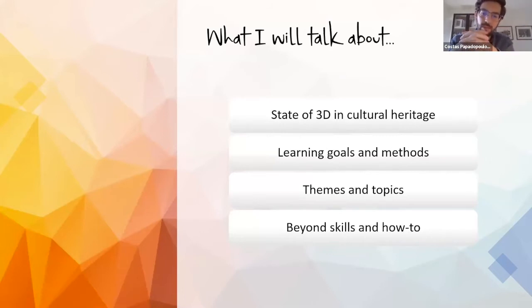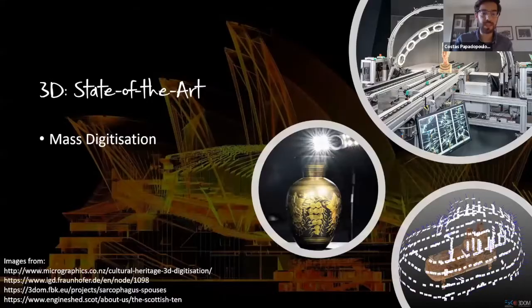However, I want to briefly talk about the state of 3D making and cultural heritage, particularly 3D digitization, which is the focus of this course, situate the course within the COVID-19 era, explain the learning goals, the methods, the pedagogic principles of the course, outline the core themes, the topics covered, and also highlight the different ways that this course goes beyond a workshop or beyond a how-to style by placing emphasis on some core political topics and debates very much related to the digitization of cultural heritage.